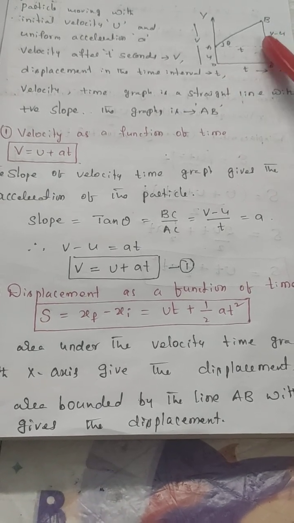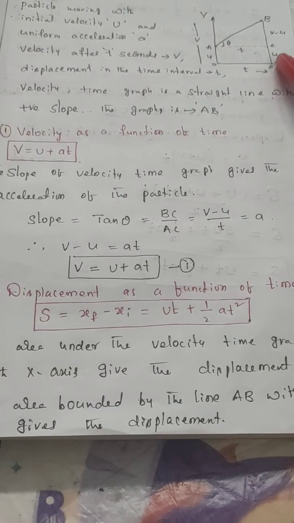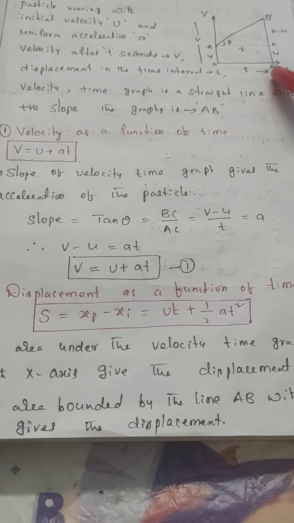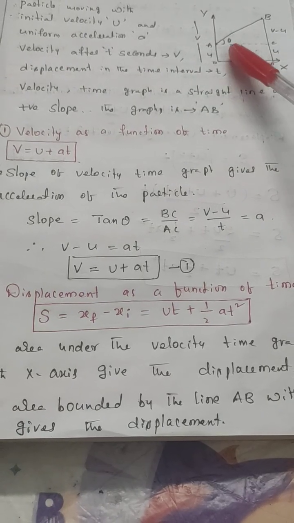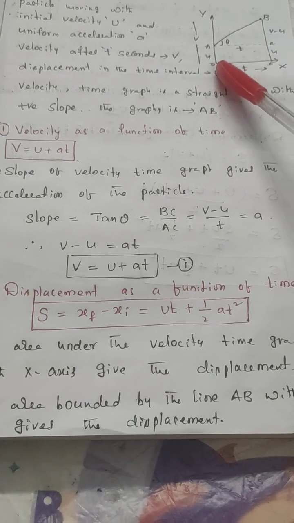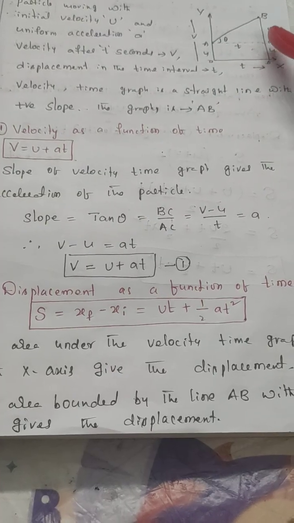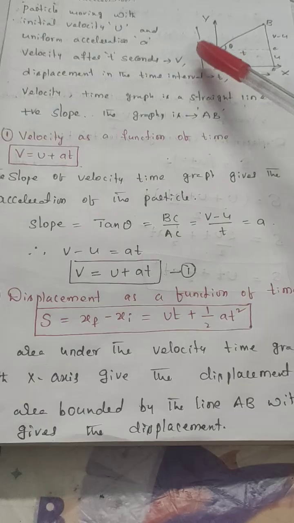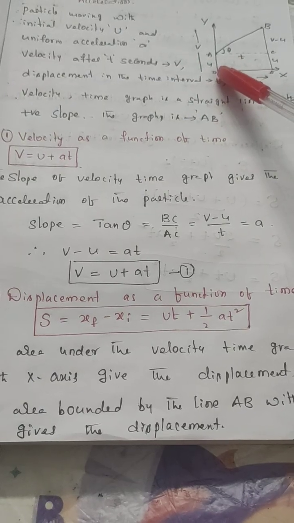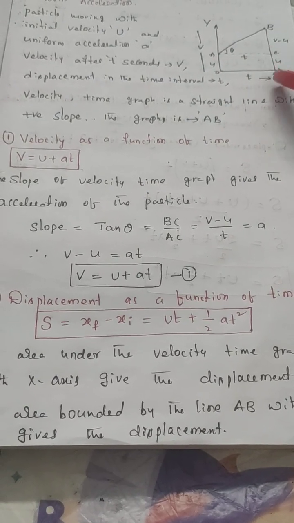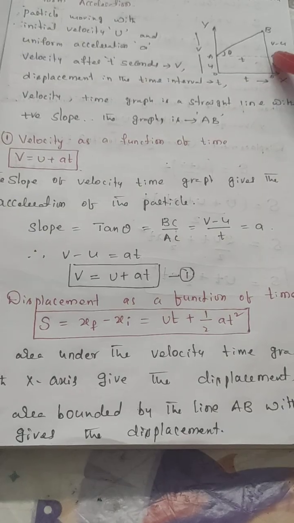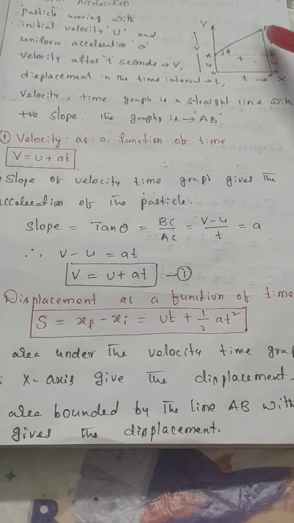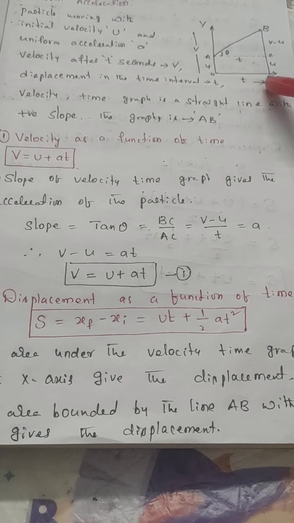Tan theta is BC by AC. BD in total is v and CD is u. I want BC only, so from the total v we subtract u.